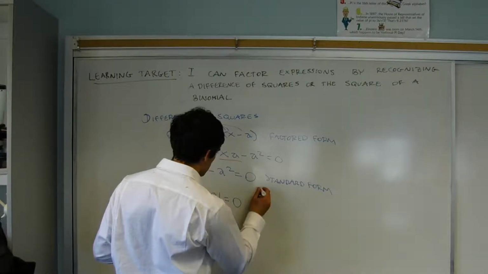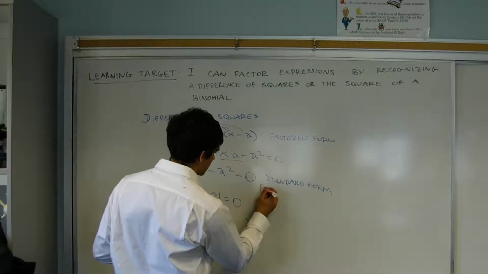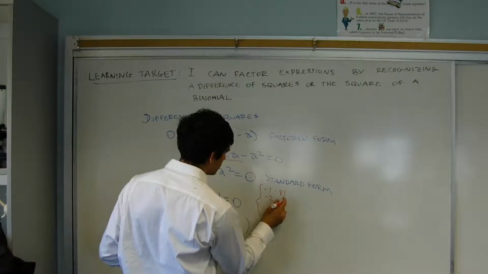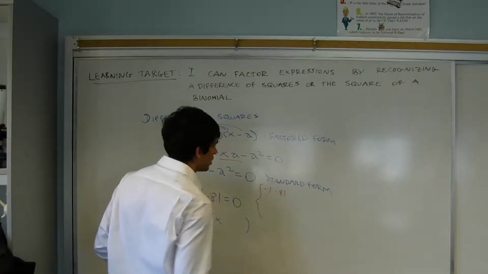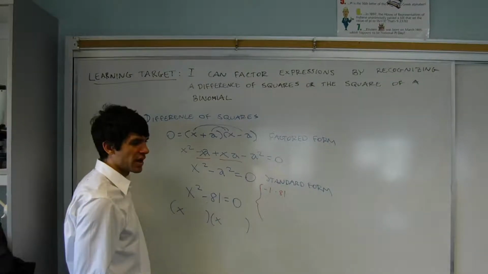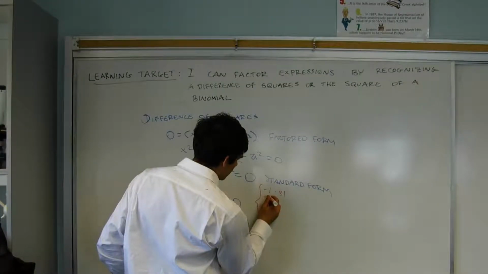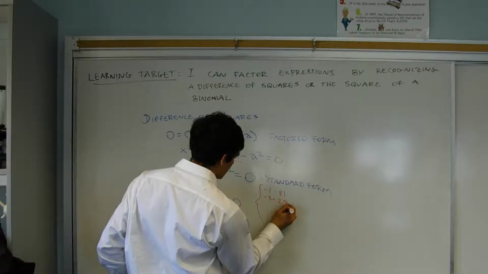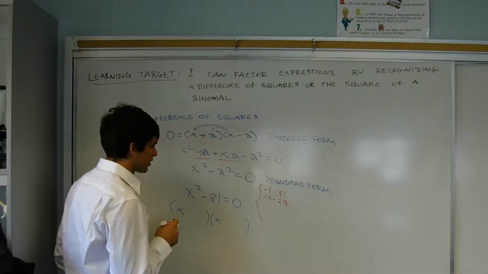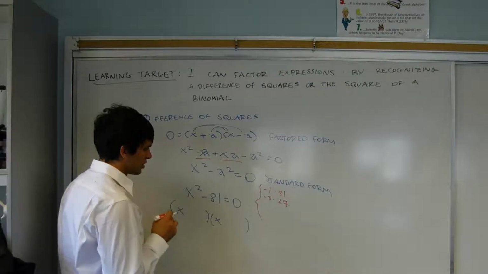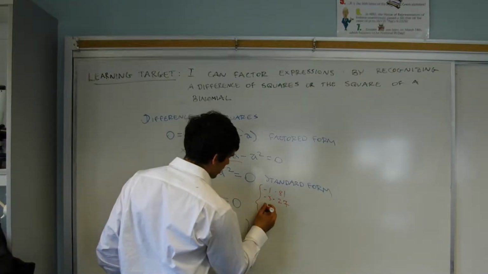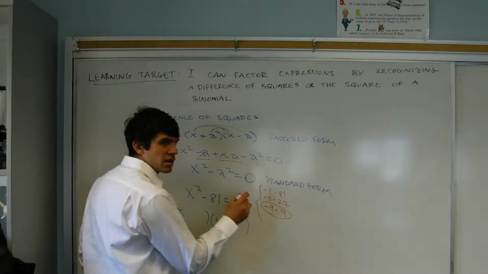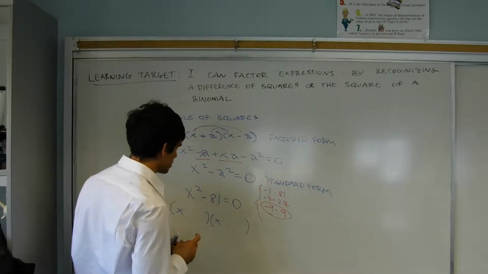So our possibilities could be negative 1 and 81. We could have negative 2, but 81 is not divisible by 2. 81 is divisible by 3. We could have negative 3 times 27, not divisible by 4, not divisible by 5, not divisible by 6, not divisible by 7, and then we get negative 9 times positive 9, and we notice immediately, bingo, negative 9 plus positive 9 is equal to 0.